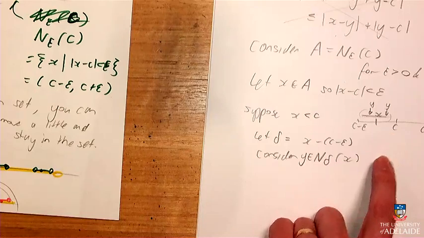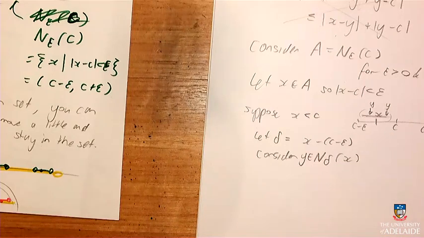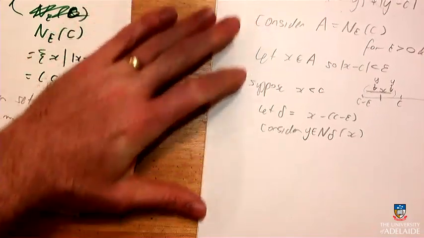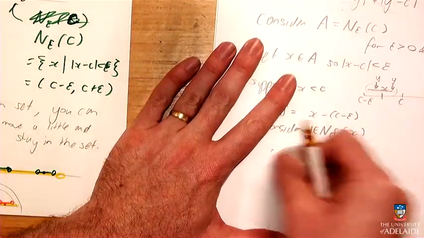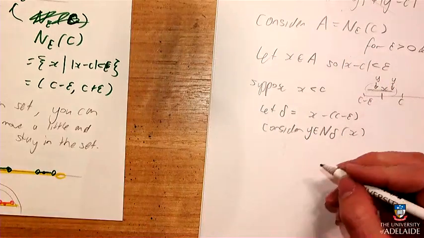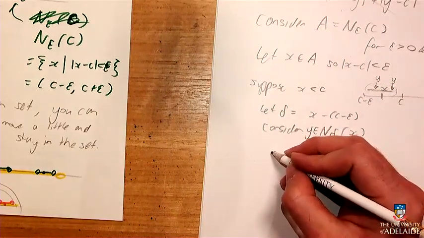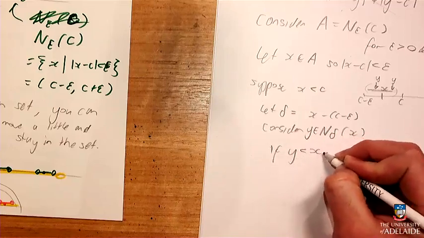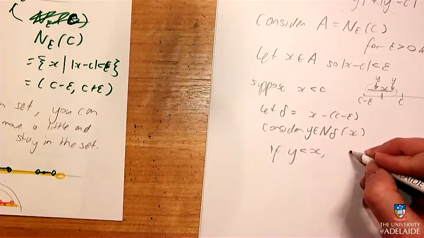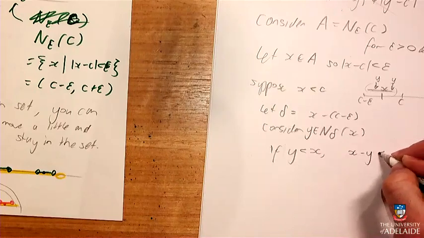Yeah. So if y is less than x, the distance between x and y we know is less than delta. All right, just a second. So we know that the distance between, so if, then we know that x minus y is less than delta.